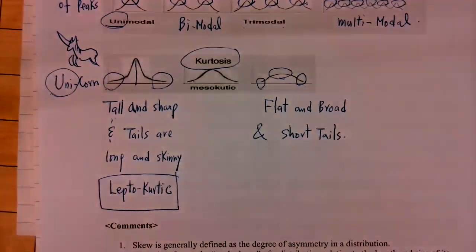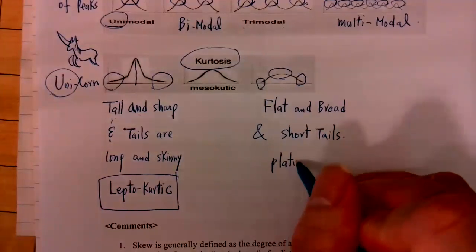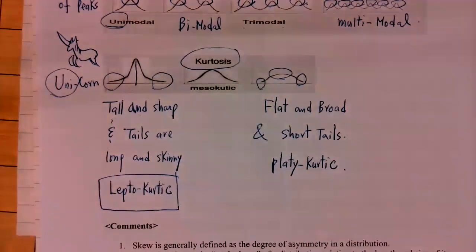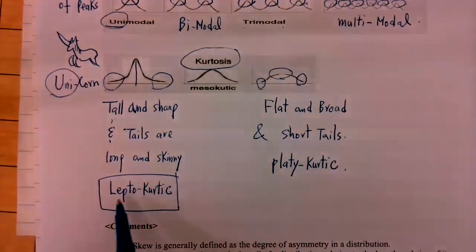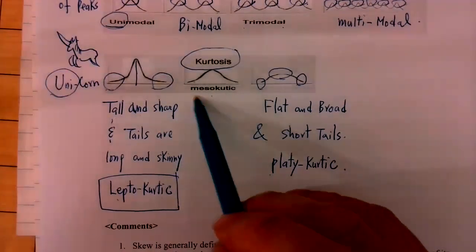A picture like this, we call platykurtic. It's called platykurtic, okay? Now, this is leptokurtic, this is platykurtic. The middle is called mesokurtic.